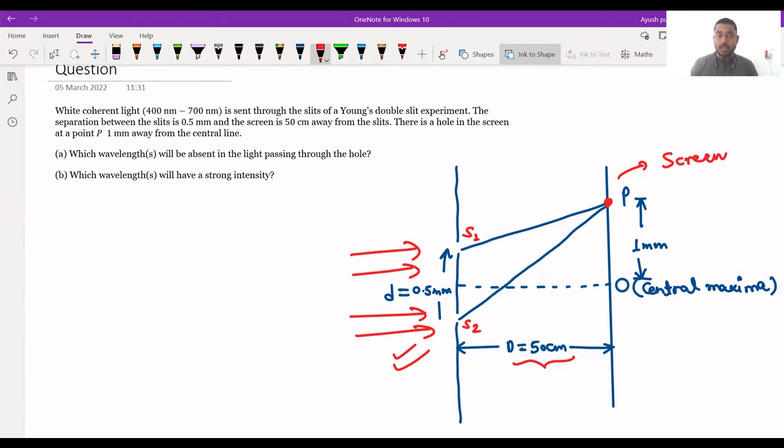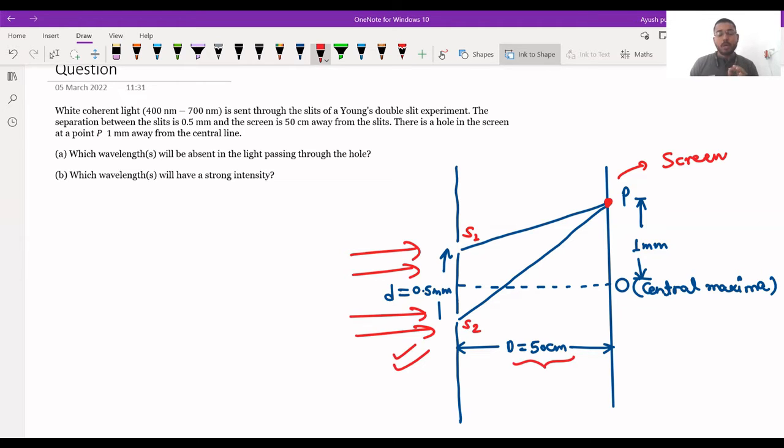And in the second question, which wavelength will have a strong intensity? Strong intensity means maximum intensity, right? So maximum intensity means a bright fringe should be formed. So we have to see at point P corresponding to which wavelength maximum intensity is formed; those wavelengths will have strong intensity.